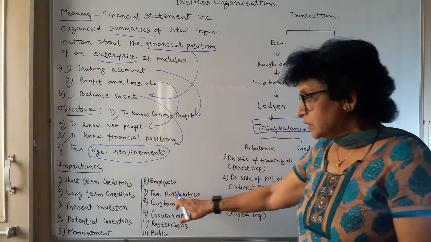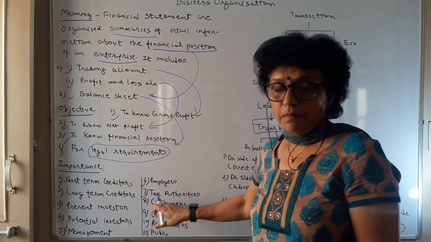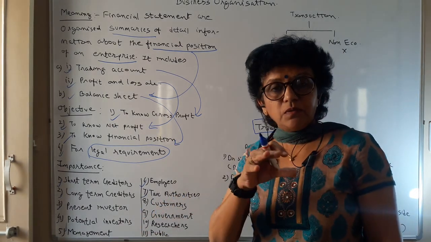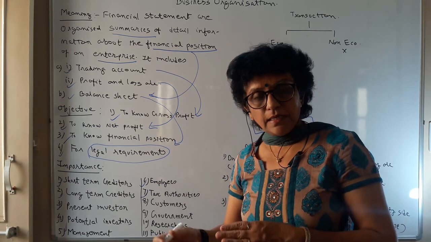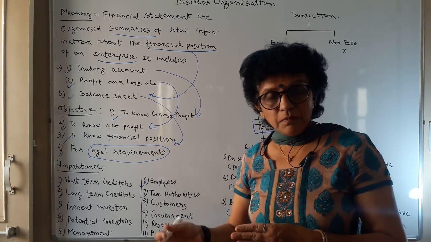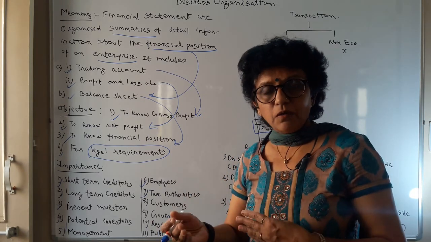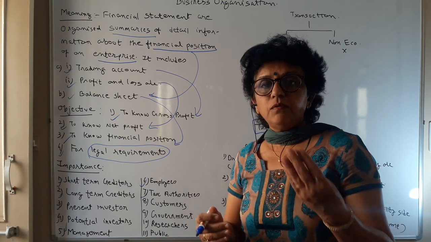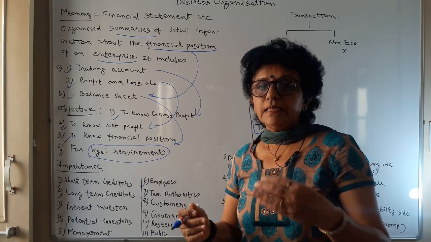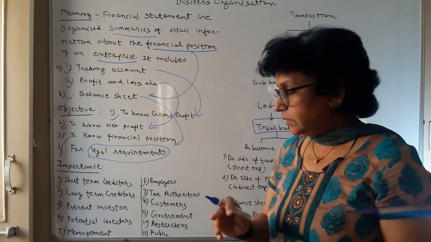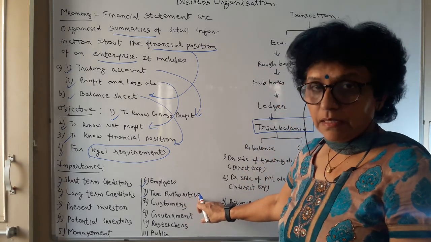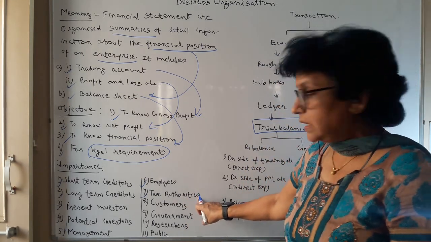Government tax authorities are very keen, and they have to see whether any fraud is there or not. Are you making some mischief in writing books of account? If anything is there, they have to go into the detail and find it out. So the tax authority keenly looks into the business accounts.